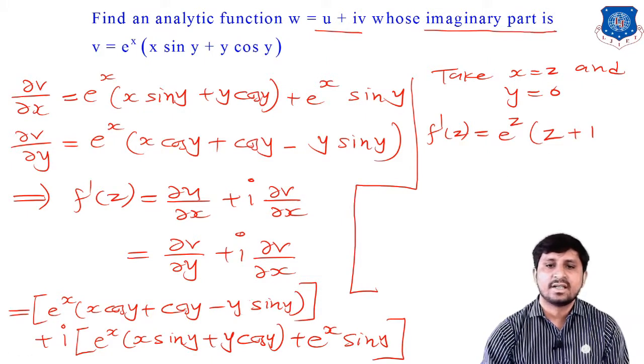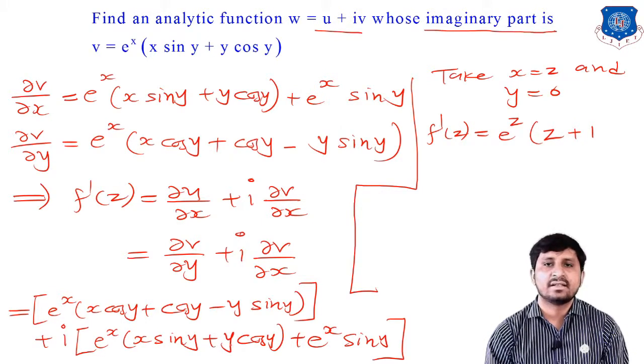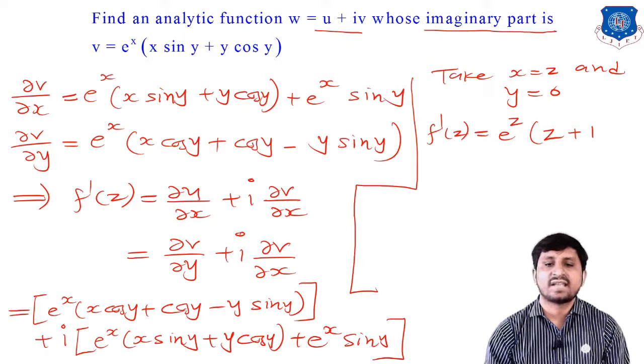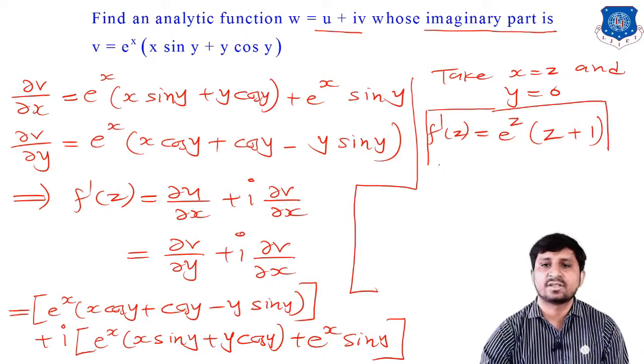Here y sin y is 0, and in the i term sin 0 is 0 and y is 0, so the second term is 0. So we only get e raised to z into z plus 1.